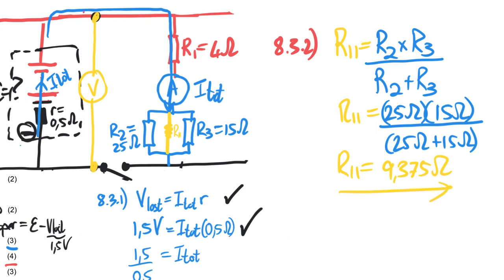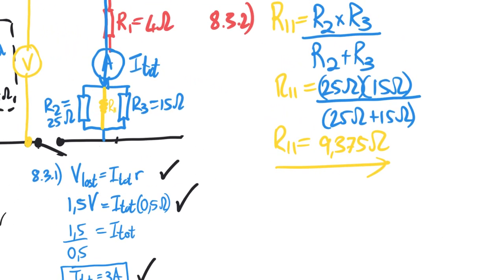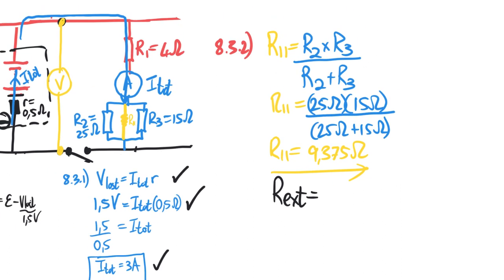So therefore, R external, the total external resistance, is going to be the resistance R1 plus the parallel resistance, and that is because of the fact that the total current runs through R1 and then goes through the parallel network, which is represented by the equivalent resistance R parallel. So R parallel and R1 are in effect in series, so we add them together.